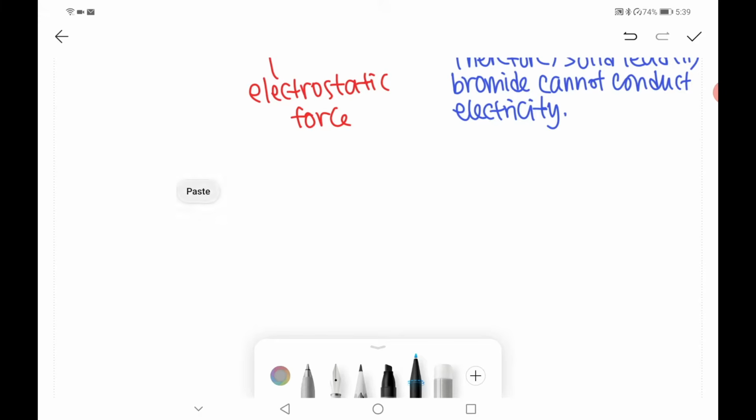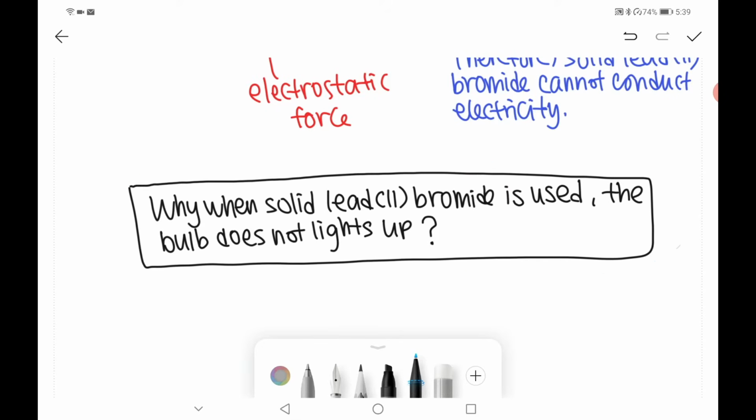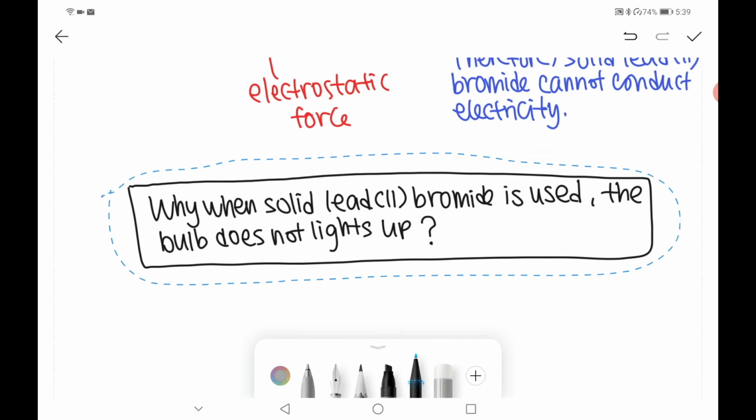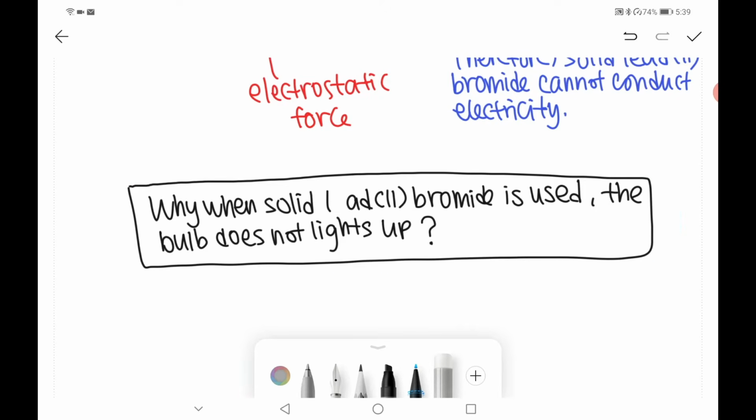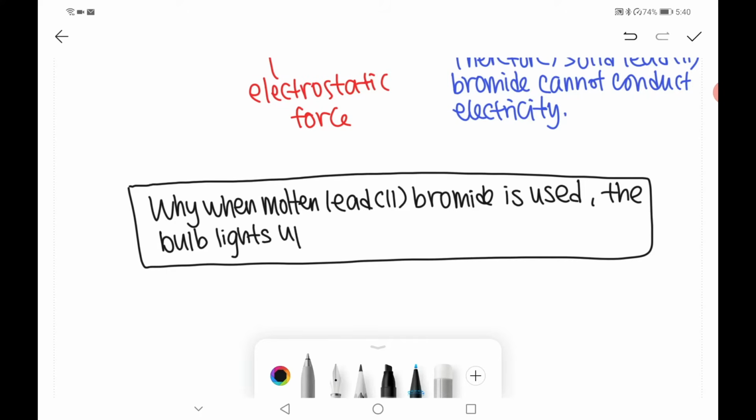Another popular question they can ask you in your SPM is this: why, when we use molten lead(II) bromide, can the bulb light up already? Why when molten does the bulb light up?